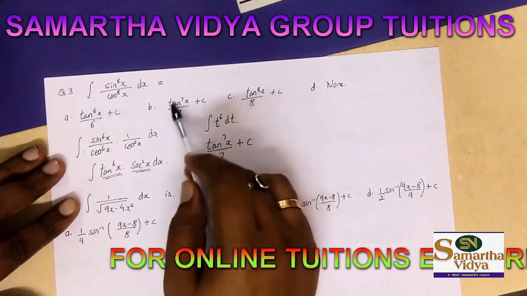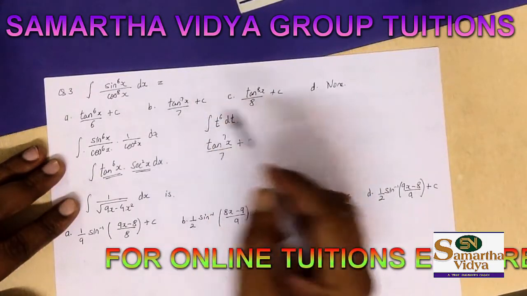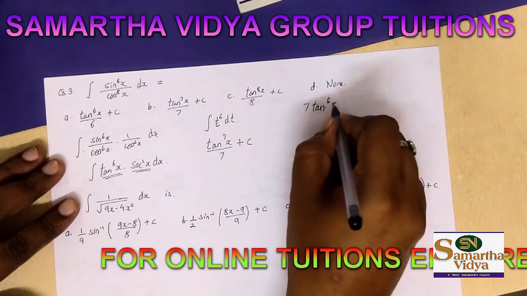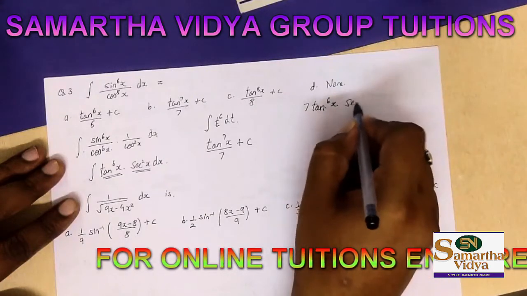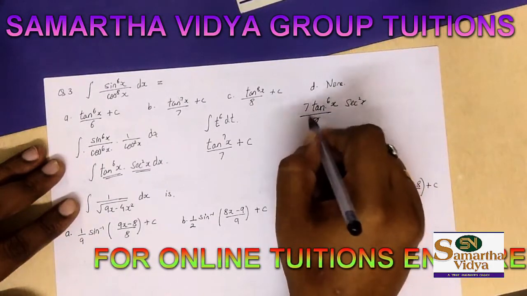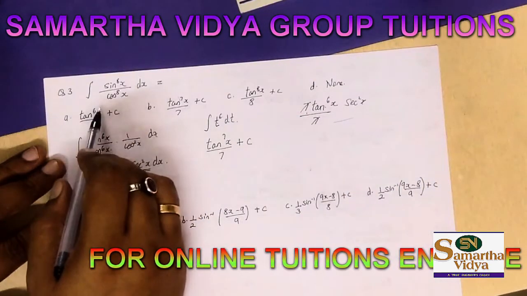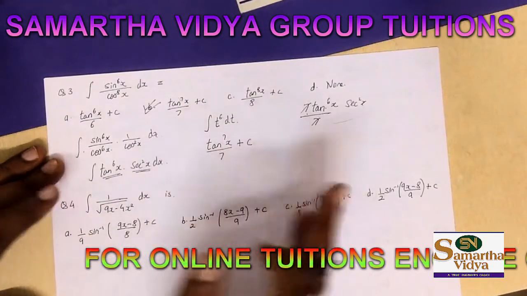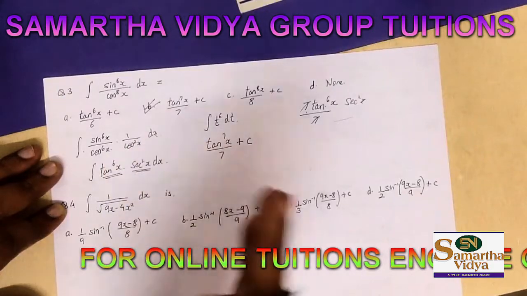If I take the derivative of this, it will be an even number. So if I take the derivative of this, that will become 7 tan raised to 6x, and I need to multiply by the derivative of tan x, which is nothing but sec square x. So if I just simplify this, you will be getting the question. So that's why your option is B. So there are two ways we can do it. You can either go from the question or you can go from the answers.